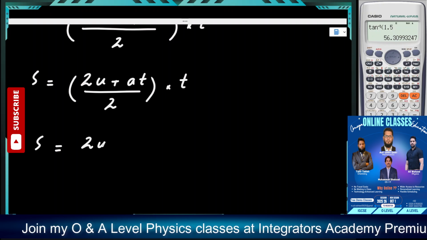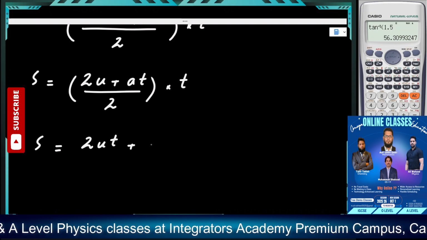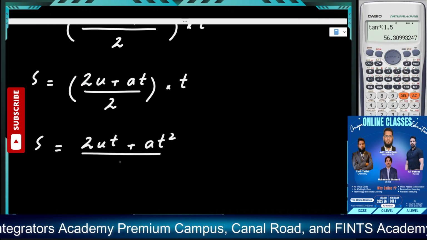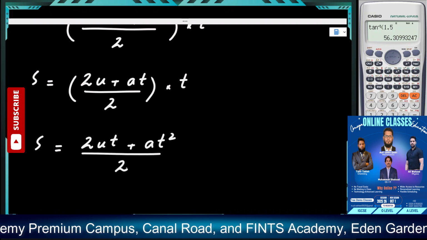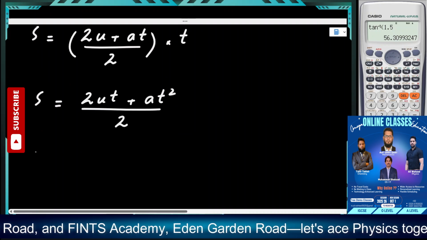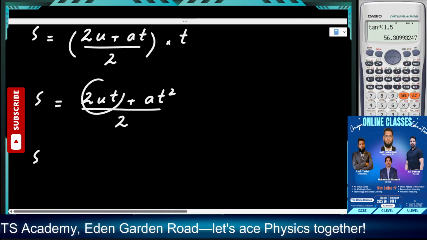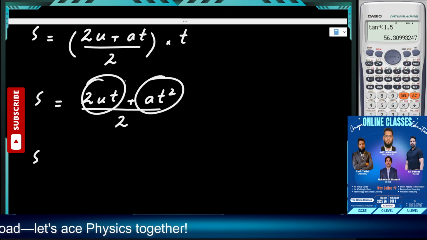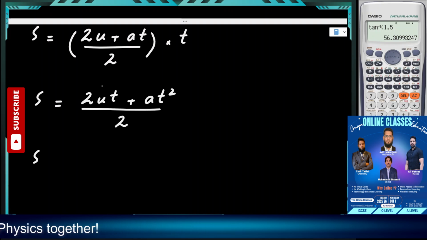So 2ut plus at squared, all of it divided by 2. So we have two terms. Both of them are being divided by 2. That means we can write the first term divided by 2 separately and the second term divided by 2 separately.